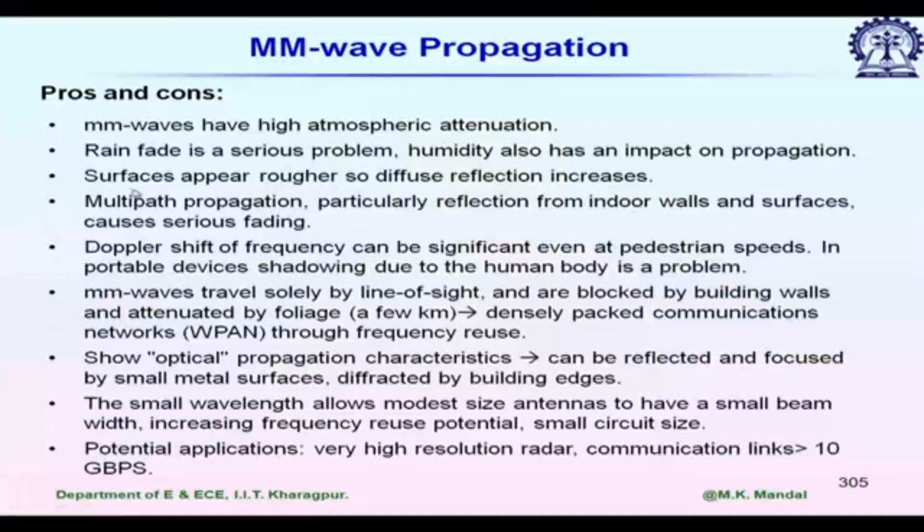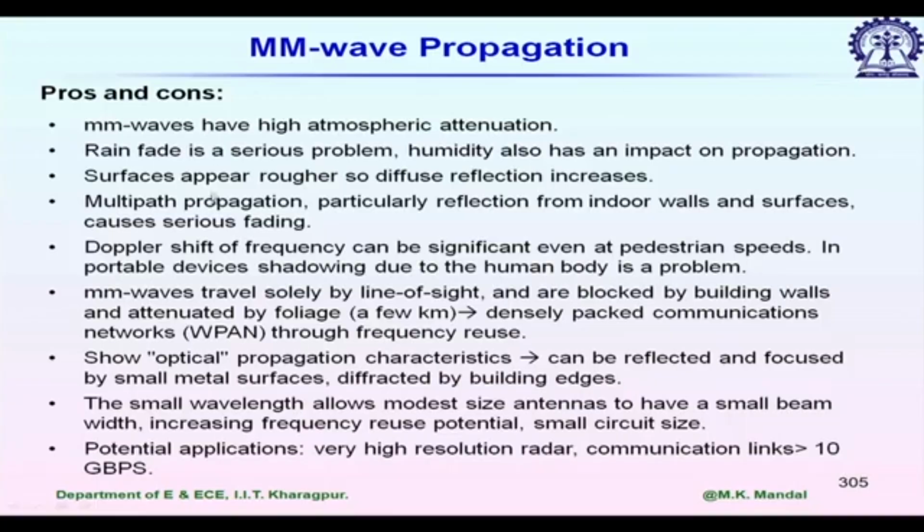Next, surfaces appear rougher, so diffuse reflection increases. Any practical reflecting surface is associated with some sort of roughness. Now, if the RMS value of roughness is much smaller compared to the free space wavelength of the propagating signal, we can consider it a smooth surface and we will have smooth reflection.